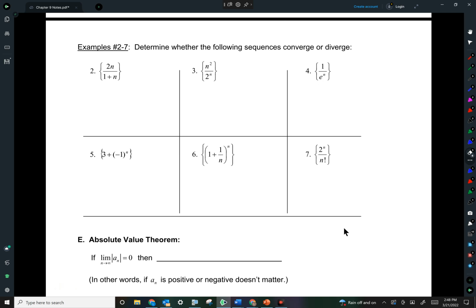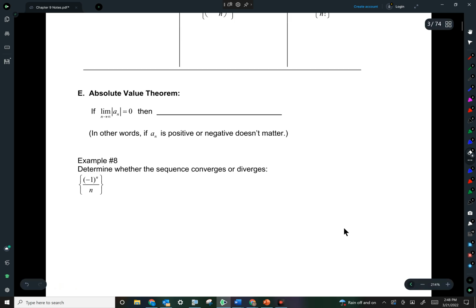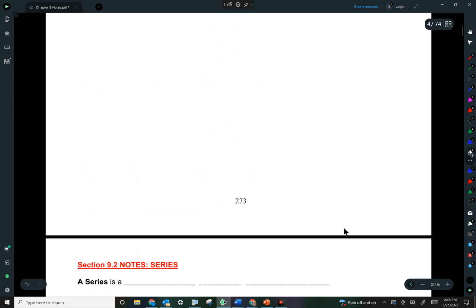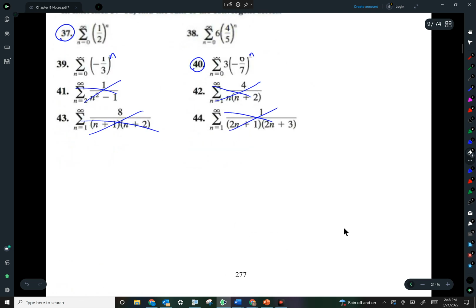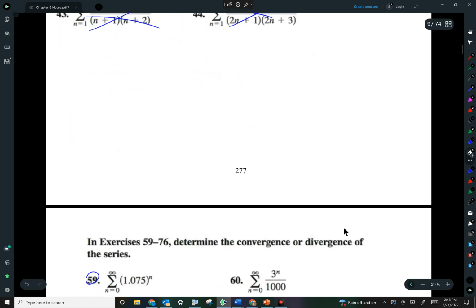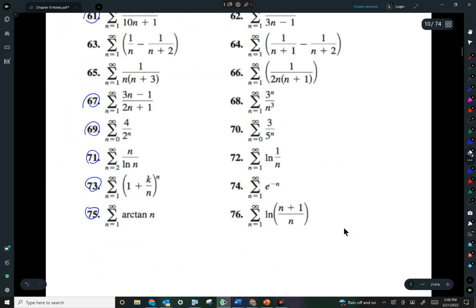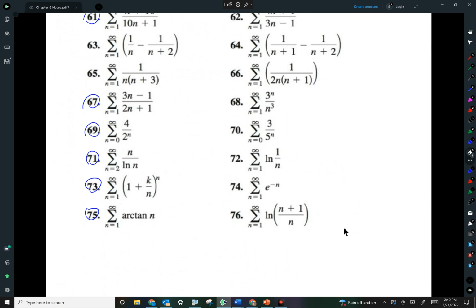Look at that one. Remember what we said about that limit? Number 6 on page 271. And think about that one when you try to do number 73.